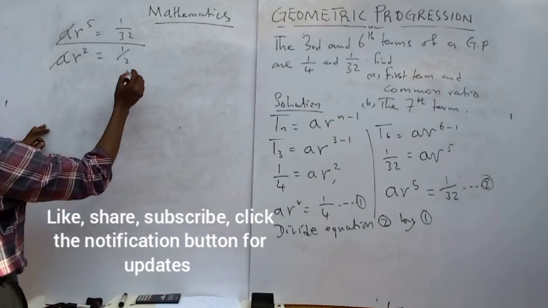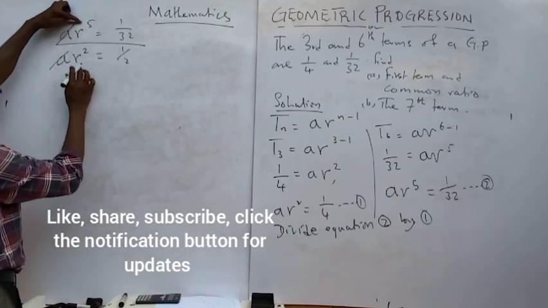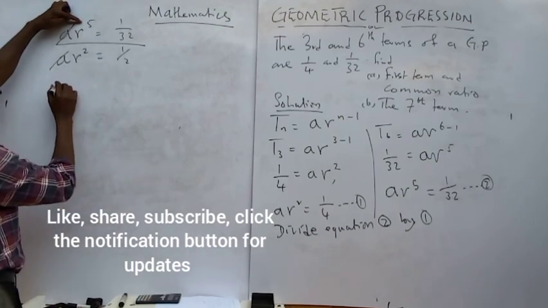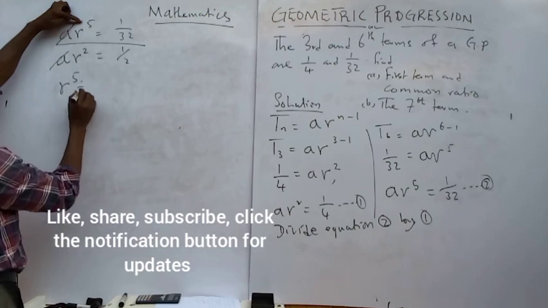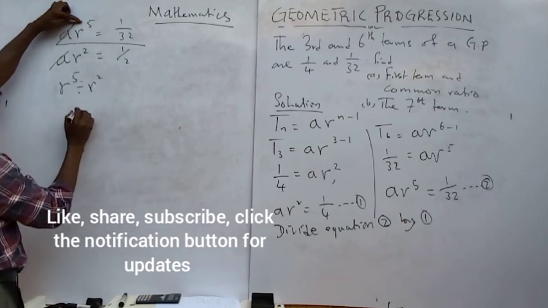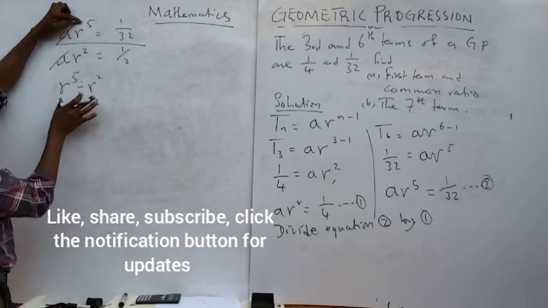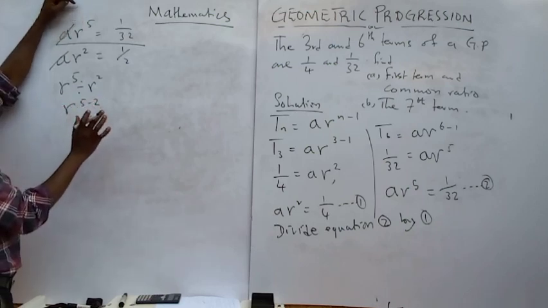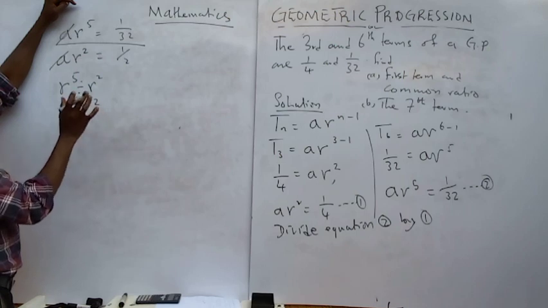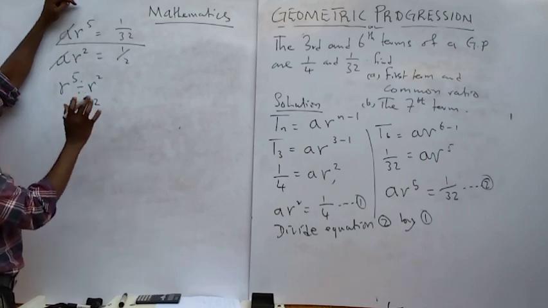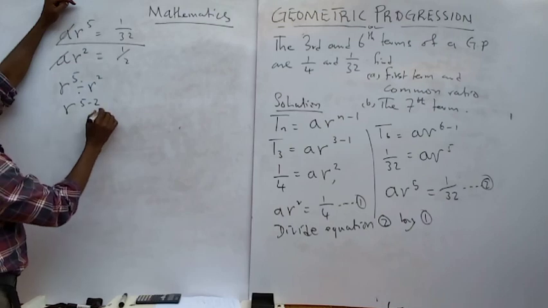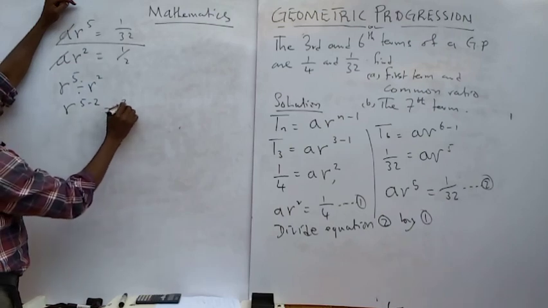Now, do you remember indices? r raised to power 5 divided by r raised to power 2 will simply be r raised to power 5 minus 2. Indices says when you are dividing two terms of equal bases, you can subtract their powers. So I'm going to have r raised to power 3.